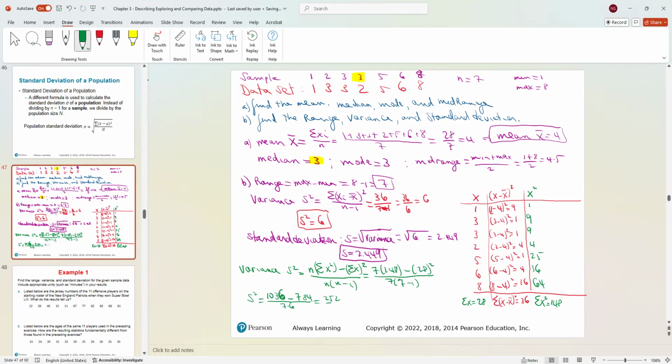That is 252 over 42. So S squared, the variance, is equal to 6. And the standard deviation is the square root of 6, so S would be 2.449. Again, whichever formula you use, the answer at the end would be the same.